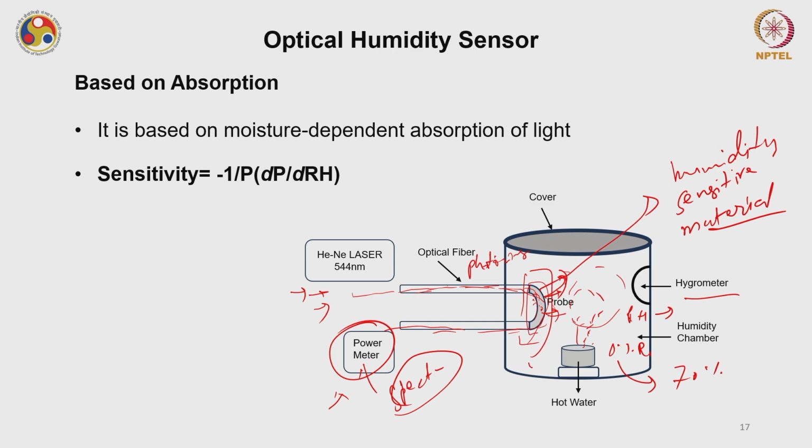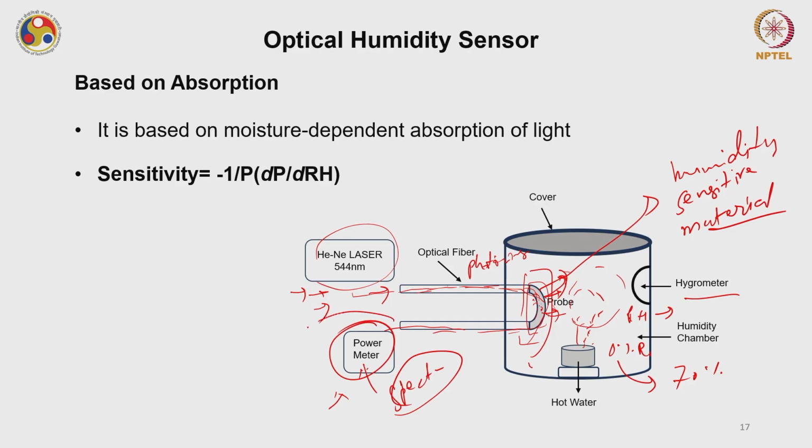Then at this power meter, the power of the light which was given by this monochromatic laser will also decrease. So in both conditions, the power read at this output has decreased. So this is another way to develop an optical humidity sensor based on the absorption principle.